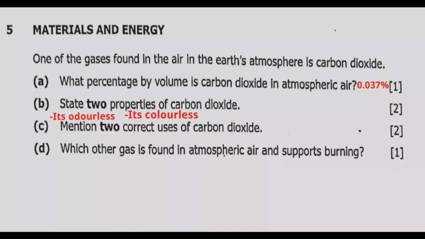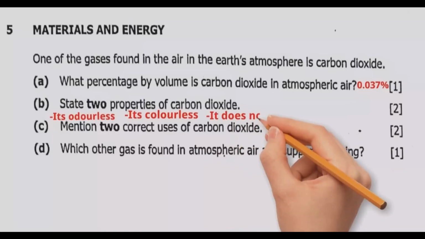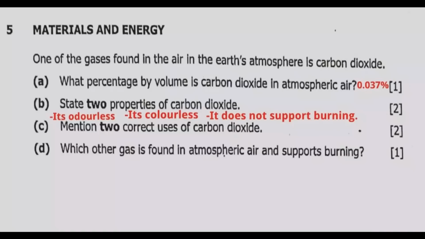Three, it does not support combustion or burning. So those are the 3 properties. You're able to tell that this is carbon dioxide when you look at those. There are many, but these are the 3 I can share with you, and you can pick 2 from those 3.